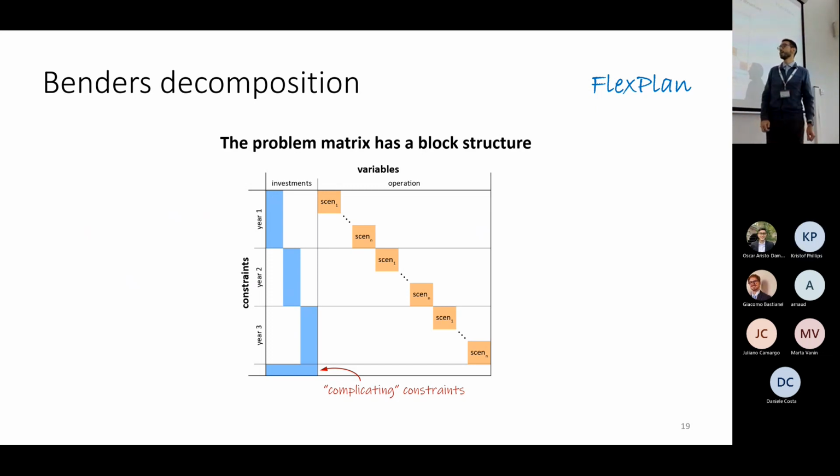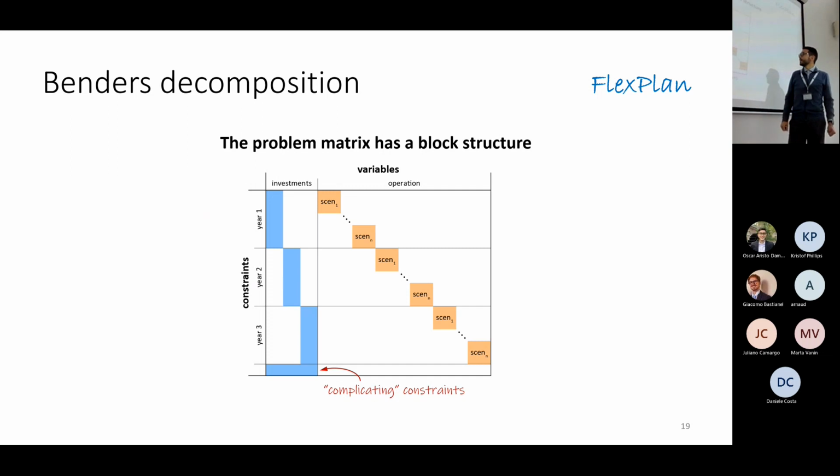And operation variables are related to power, voltage, and operation conditions of the grid, and they must be provided for all the stochastic scenarios considered in the model, but those variables are independent from one scenario to the other ones.